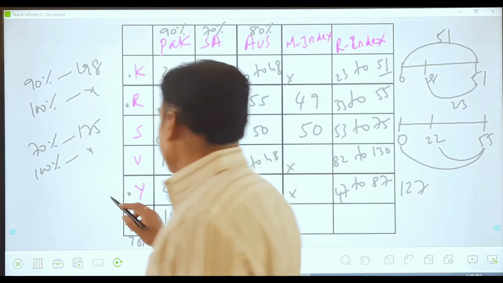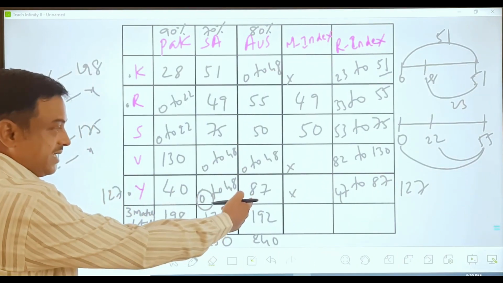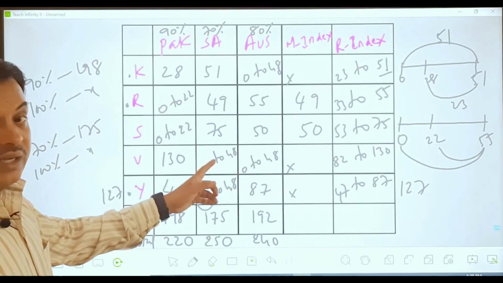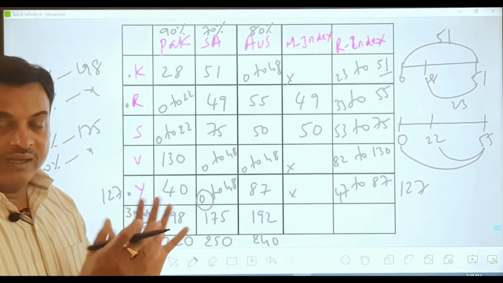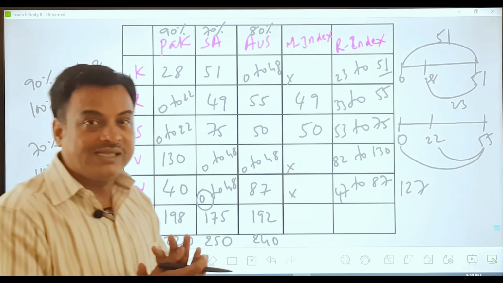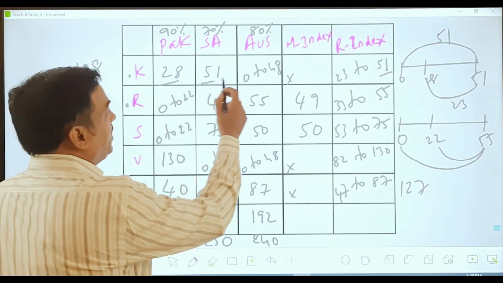It is 127: 40 plus 87 and 0 here is 127. If I can find the highest value of the other players which is less than 127, then I can say definitely that player is going to score less than Yuvraj in the tournament. For example, 28, 51 and 48.